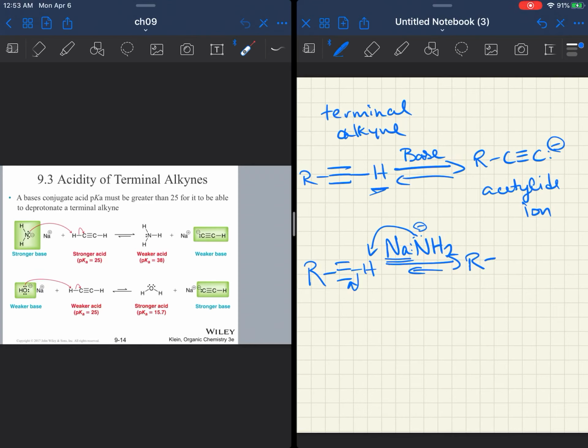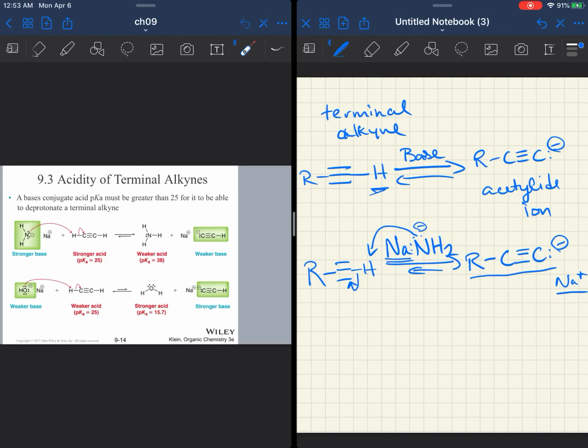It's going to be the NH2 minus that is going to be deprotonating, right? In a very simple, concerted step, leaving behind that anion, that carbanion, right? And then the Na plus is just there as a counter ion.